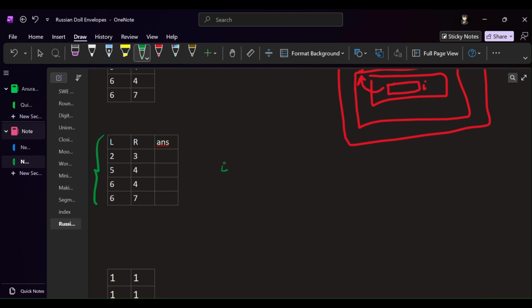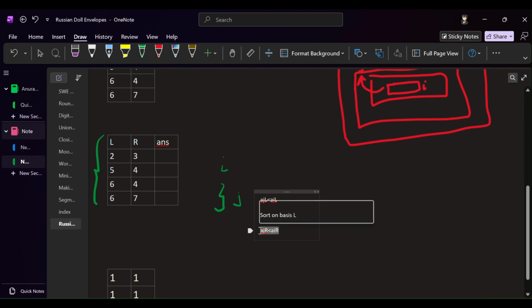If we have calculated the answer for all the j below this, and we want to find the answer of i, then for all the below j's, L is already lesser than A[i][L], as we have sorted them on the basis of L. Next, we want A[j][R] to be lesser than A[i][R].